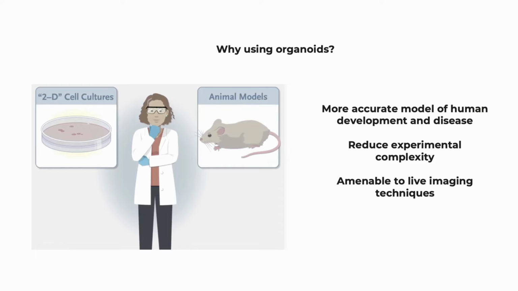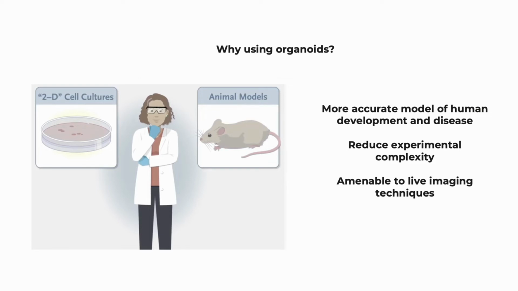They are also more accurate models of human development and disease than certain animal models, because at the end of the day, animals are animals and humans are humans, and we generate those organoids using human tissue samples most of the time, which translates much better to the actual model organism, in this case the human that we're interested in.